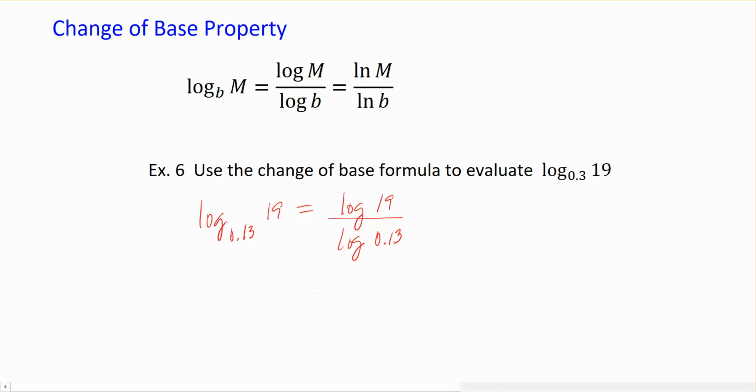And then I'm going to do it again, only this time I'm going to take the natural log of 19 and divide it by the natural log of 0.3, the argument divided by the base. So I'm going to do it the first time using the log on my calculator.